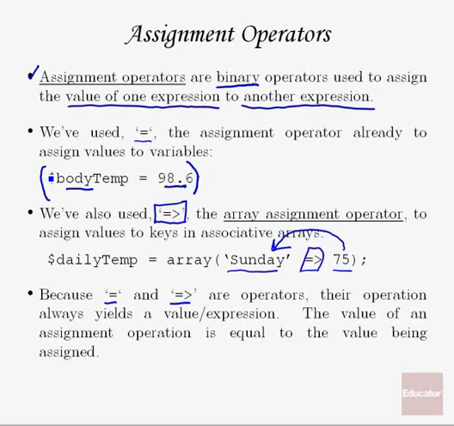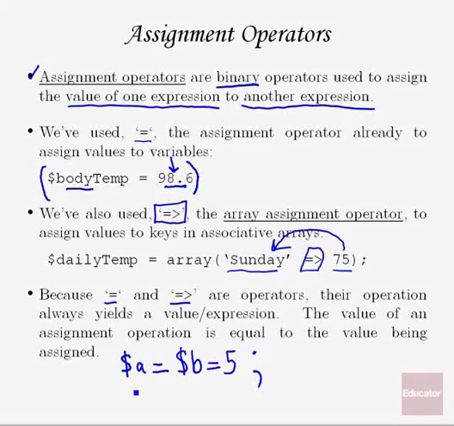For the assignment operator, the value of the operation is the value being assigned. This might seem more apparent if we say we want to set a and b both equal to 5. We have an expression like this, which is a legal statement in PHP.